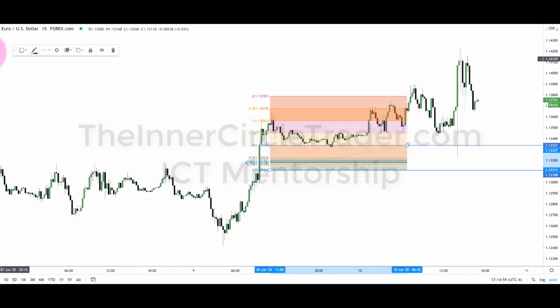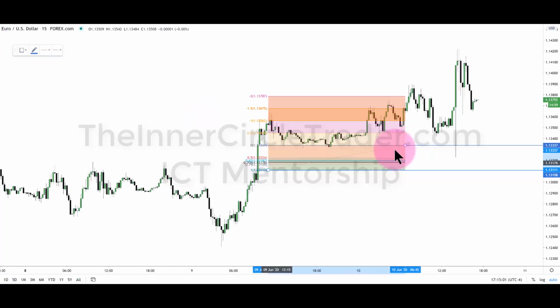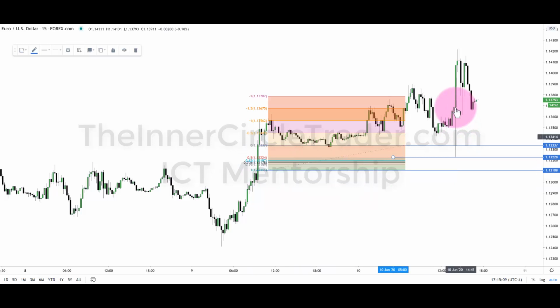All right, so we have the 50 level right there, and the actual price level is 113.22 and 4 pipettes, and the low comes in at 113.22 and 8 pipettes. So it was only off by 4 pipettes, trading down to the consequent encroachment.